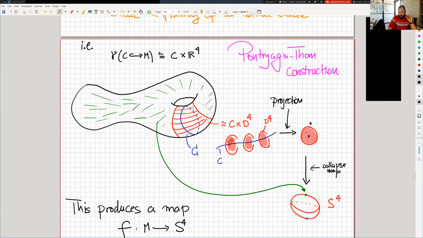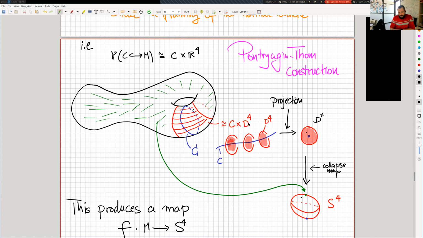And then I just have here D4, I forgot to write it here. So this is just D4. And then I can go by the collapsing map to S4. If I collapse the boundary of this D4, I just go to S4. This is the usual collapsing map to produce from a disk a sphere. Yes, and then I end with this point somewhere, let's say here.